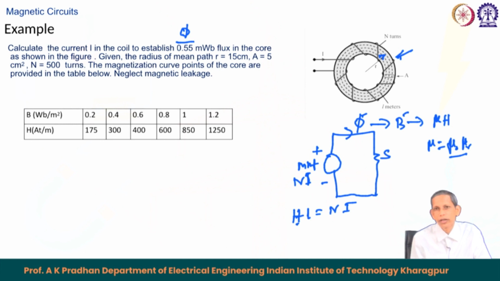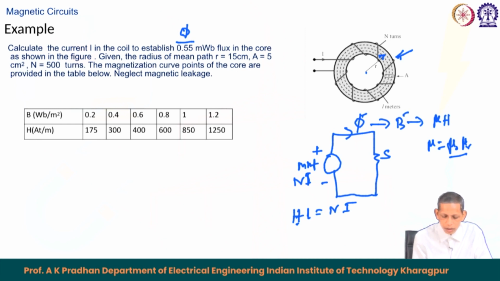Across the cross section of this magnetic core, there will be different H at different distances from the center. So, here what we are talking about is the average H, and therefore, we talk about the average R from the center of the ring.